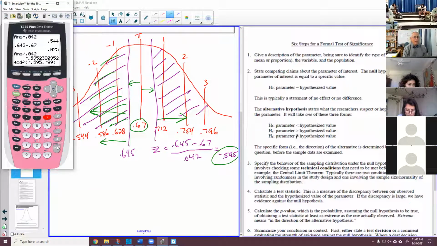And I find out that the probability of it being that far away on the negative side is 0.276, so about 27.6%.